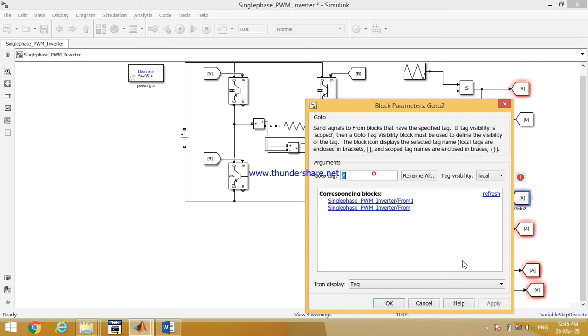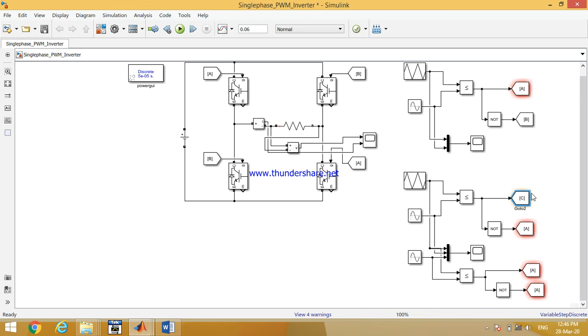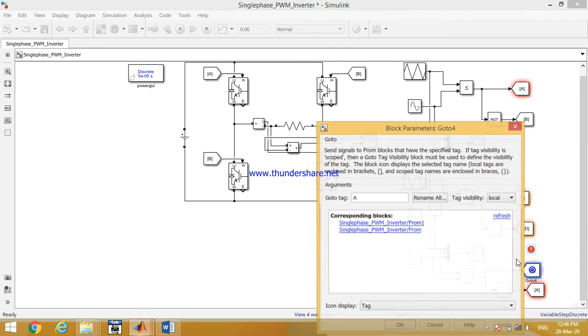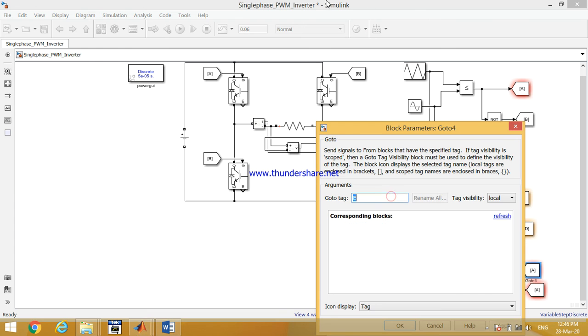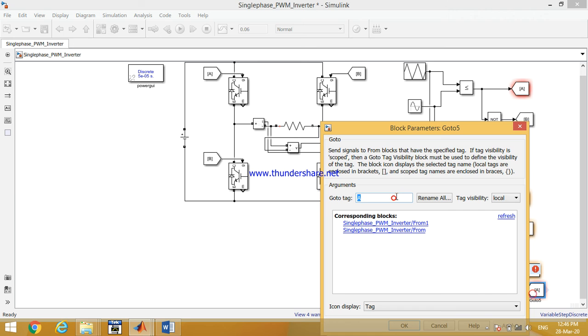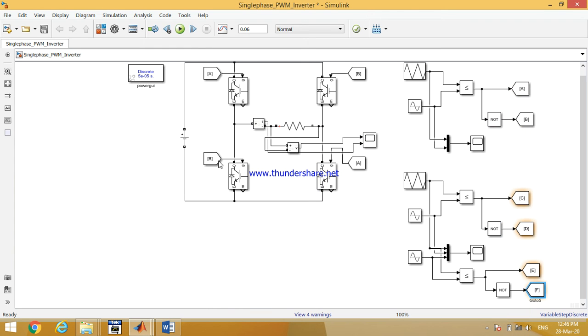Now we are giving the names. A and B are already given, so C, here it's D, here we give the name E, and here we can give the name F. C, D, E and F. So similarly we need to change over here also.